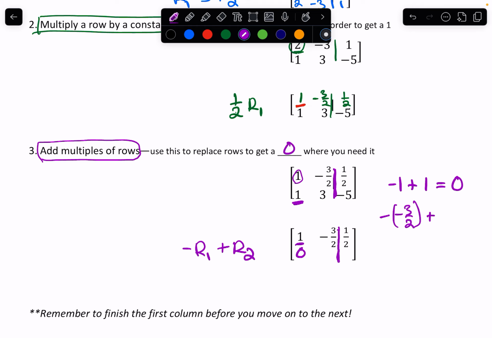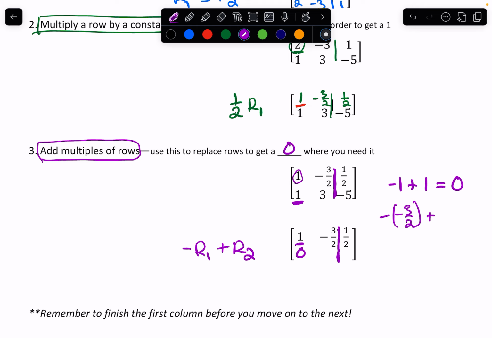Again, we're working on the second column right now. So adding 3 to it, these cancel each other out, and we get 3 and 3/2, which is 4.5. Now, we're going to rewrite it as an improper fraction, which is 9/2. So this one here is 9/2.